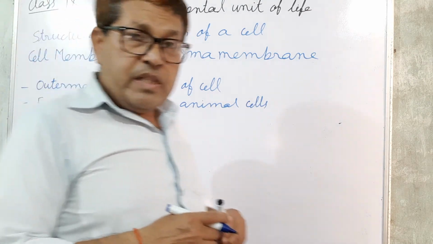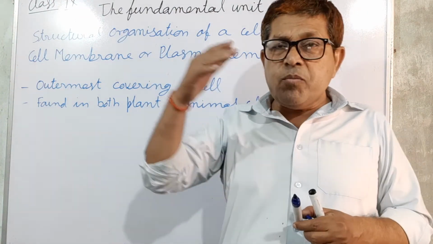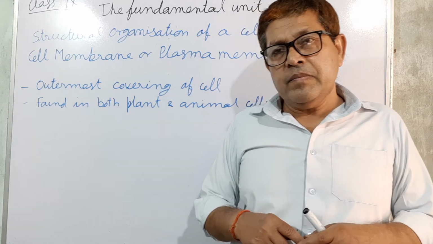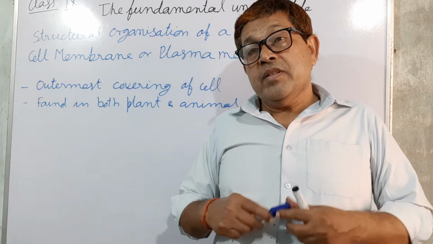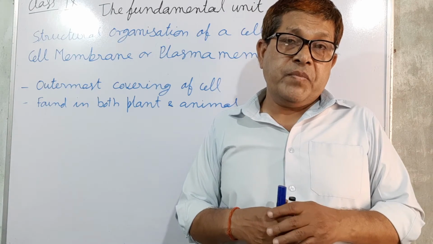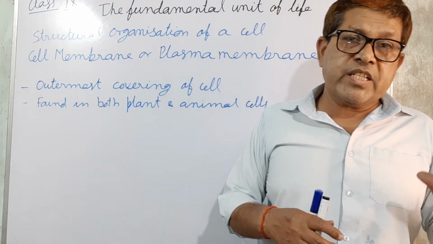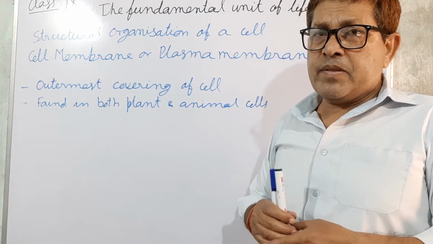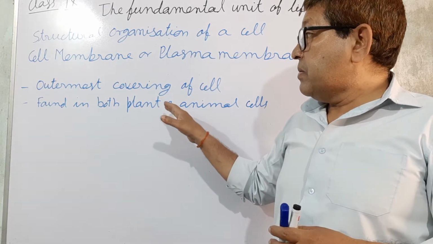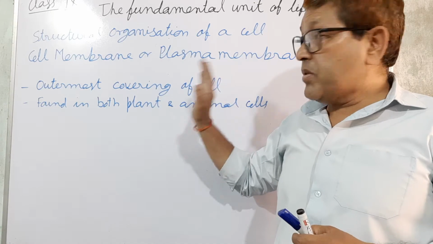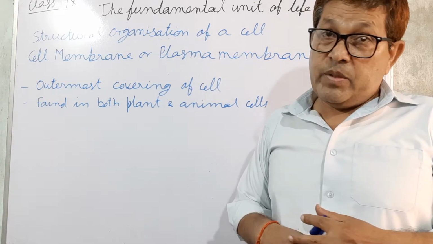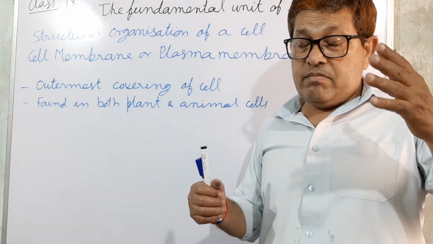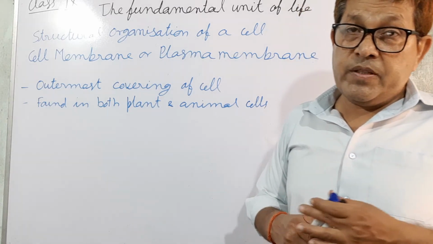In animal cells, it makes the outermost boundary of the cell, but in plant cells, it is found just below the cell wall. Let us discuss in detail about the cell wall and others.